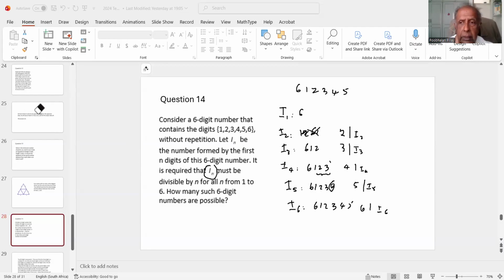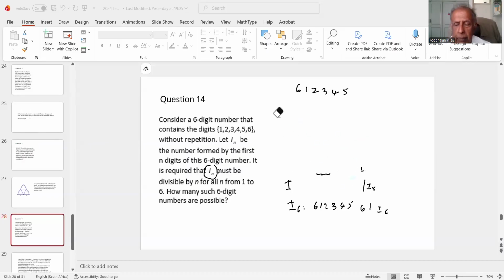All right? So let's just try to create this. Now that we understand the question, we can immediately make some comments.